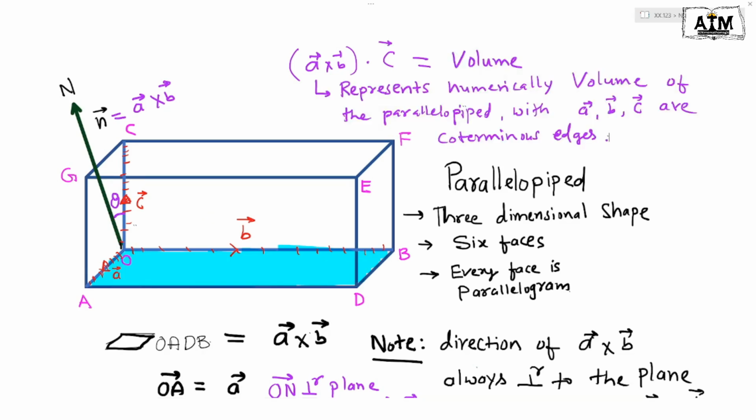So A cross B dot C represents numerically the volume of the parallelepiped, and vector A, vector B and vector C must be coterminous edges, then only we will get the volume.